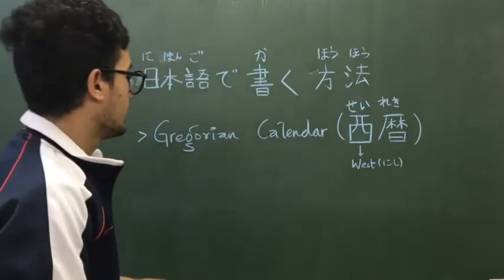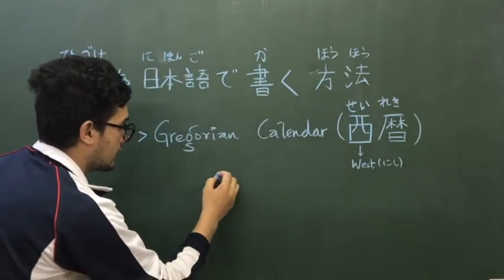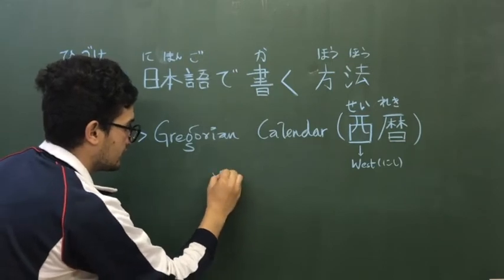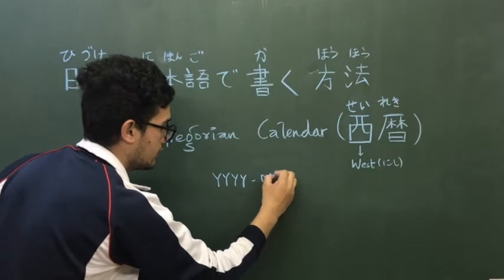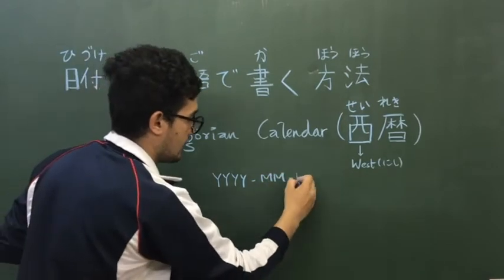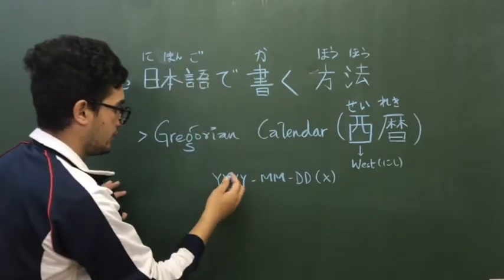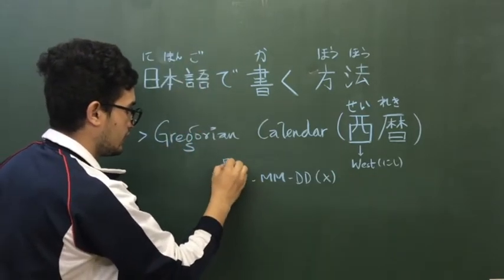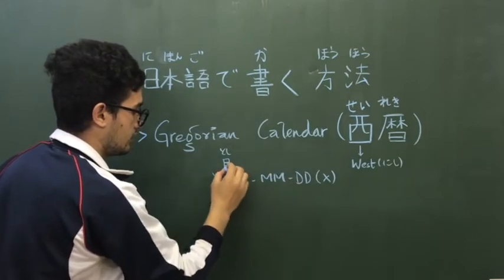That's right. So in the Gregorian calendar, we write the Japanese date in this format: year, then month, then the day, and lastly the day of the week. The year is called Toshi.